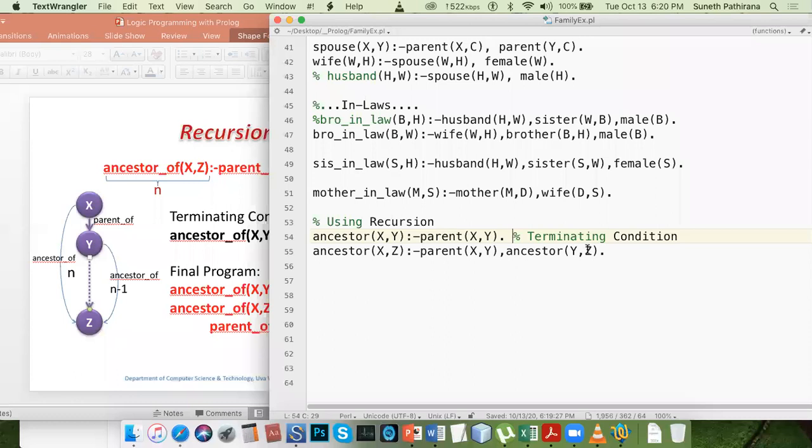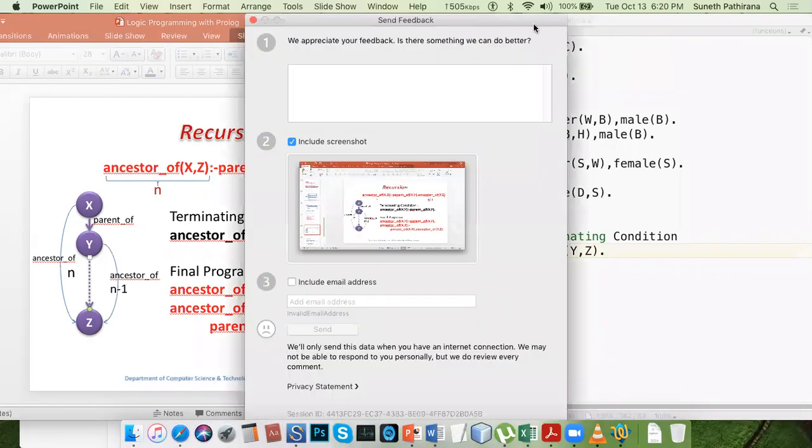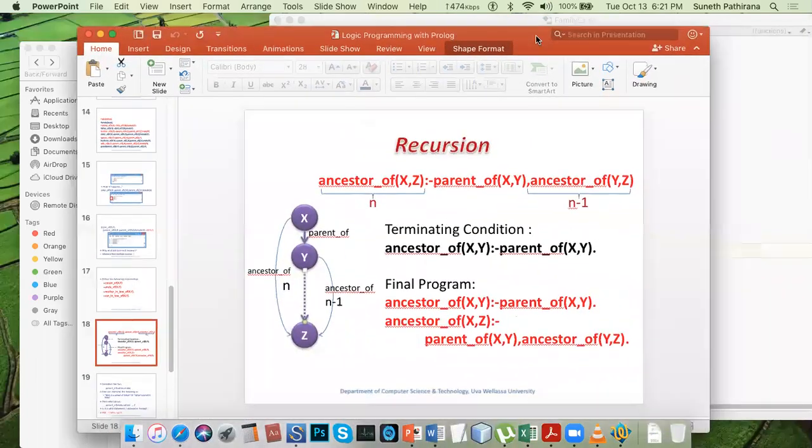Z means the deeper level. We will execute that, then you will understand this. I will upload this slide as well when I upload the content.